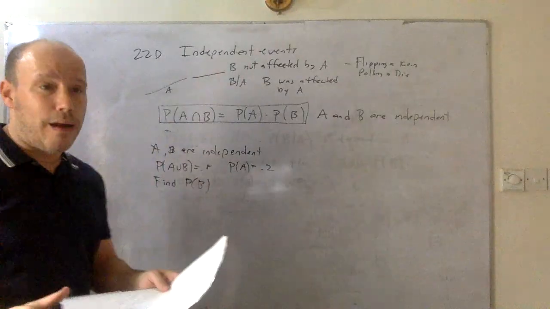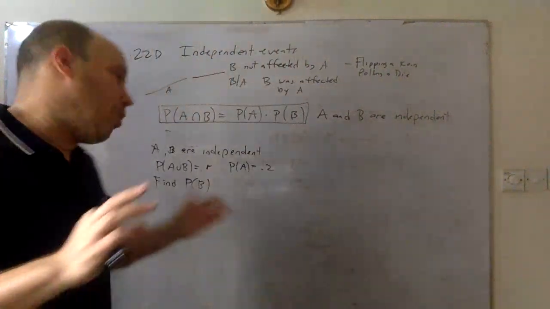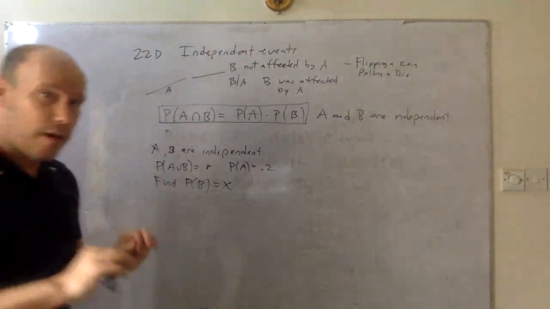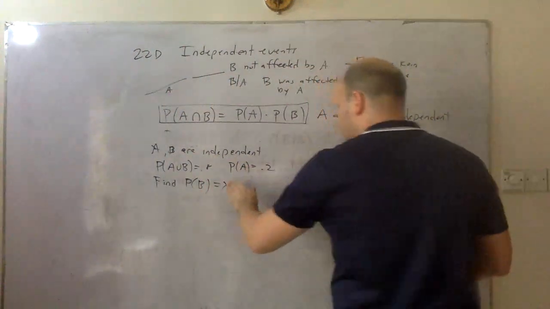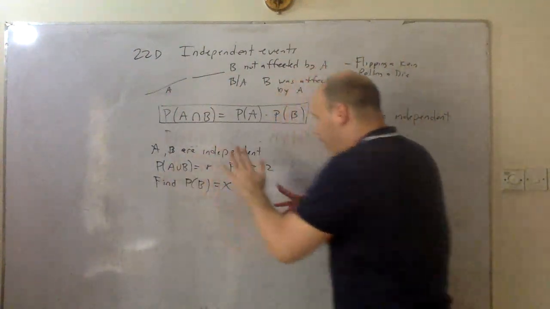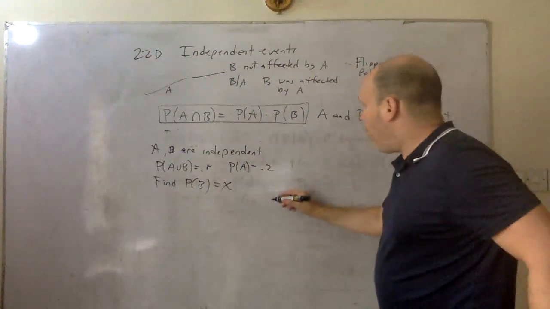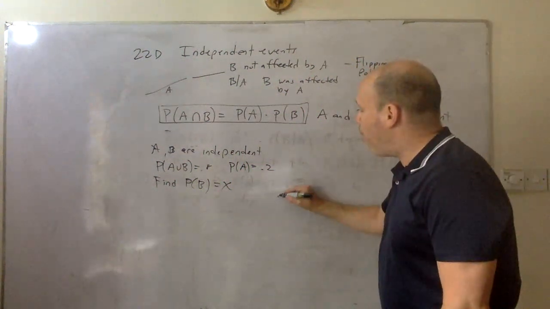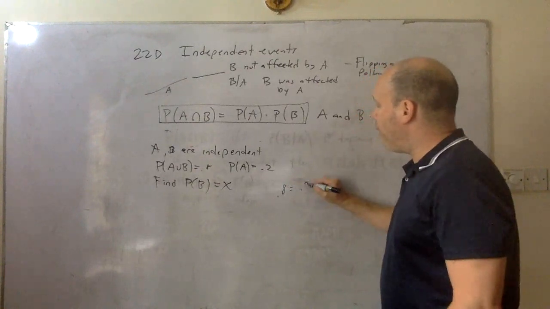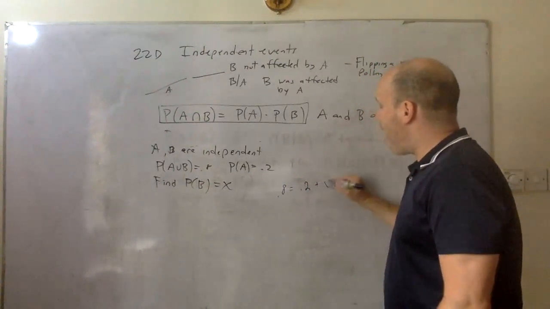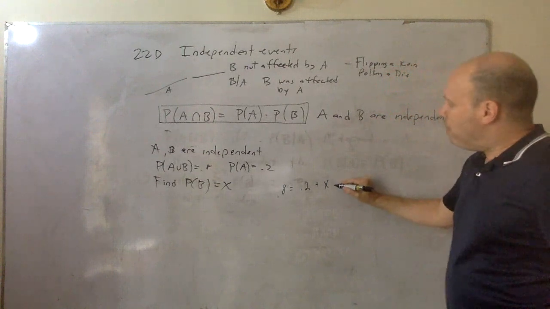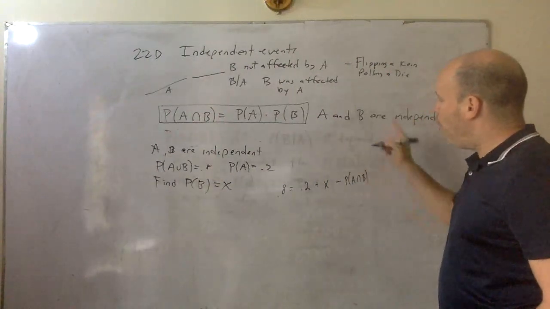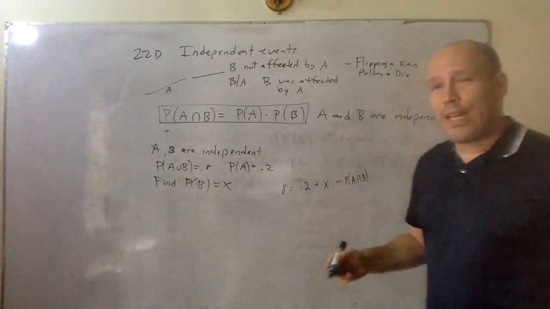Okay, we're cool with that. I don't know what B is, so let's let that be X. I have a formula here. When you see the union, get the formula down. You could say 0.8 is equal to 0.2 plus X. And then you have the probability of the intersection here, but we were told that A and B are independent.